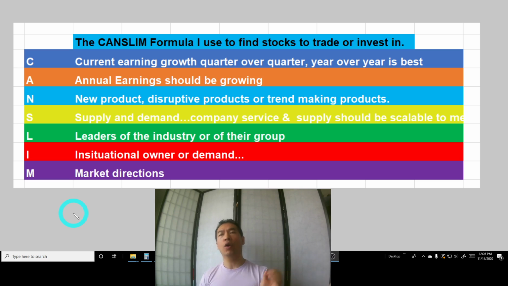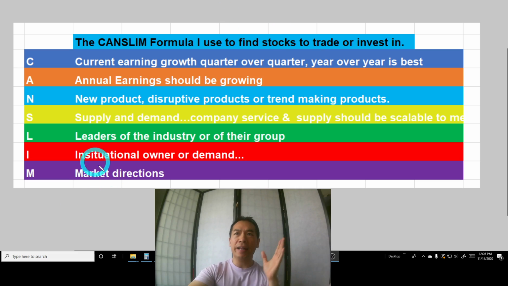Big news affects the overall market, which normally affects your stock. Not 100% of the time, not always, but normally. Because sometimes the stock can be so strong, the market can go down, but it can still go up. Okay, so that is the basics of how the CAN-SLIM formula works.